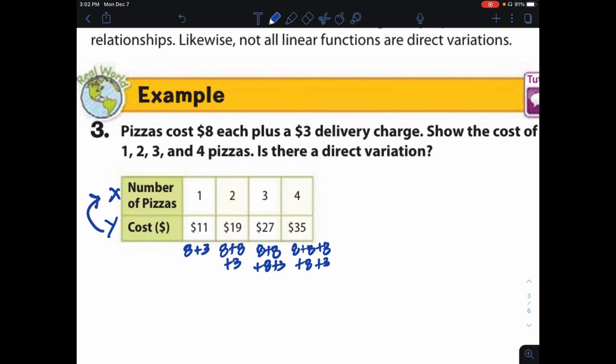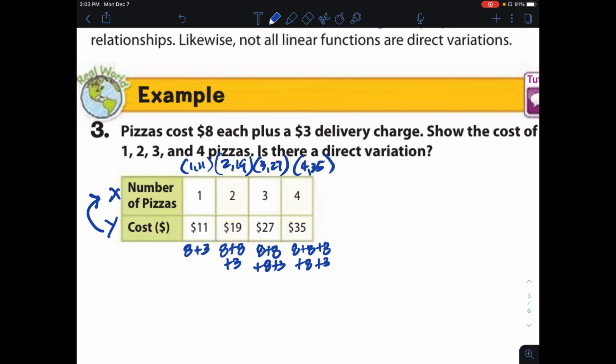We can also say that the cost varies directly with the number of pizzas, or the cost changes directly as the number of pizzas. So we can make these ordered pairs, x and y. If x is the number of pizzas, this will be (1, 11), this will be (2, 19), this will be (3, 27), and this will be (4, 35).